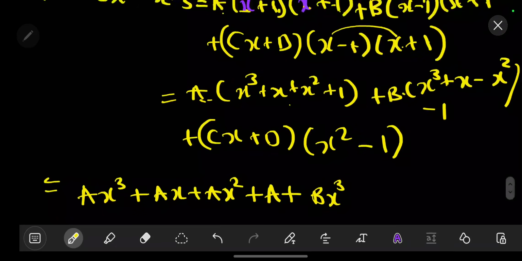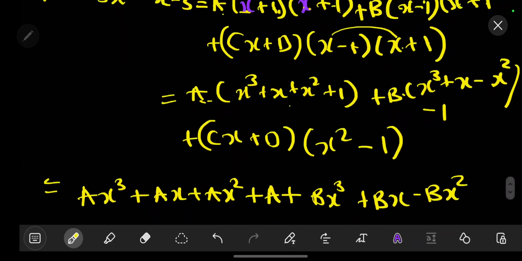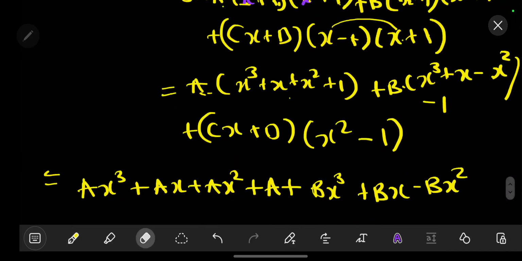Then this times that, we are going to get plus our bx. This times this, we are going to get minus our bx squared, like that. Then remember this one is at the ends there, so we have a 1 there. So we have b times this, it will be minus our b, like that.